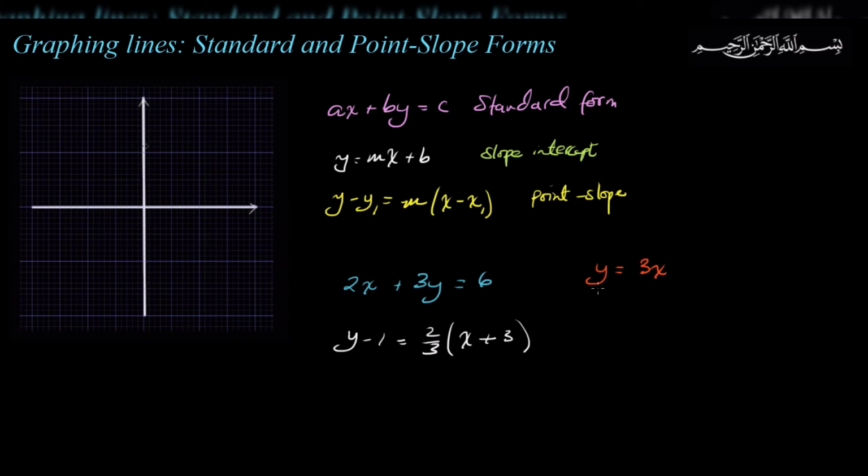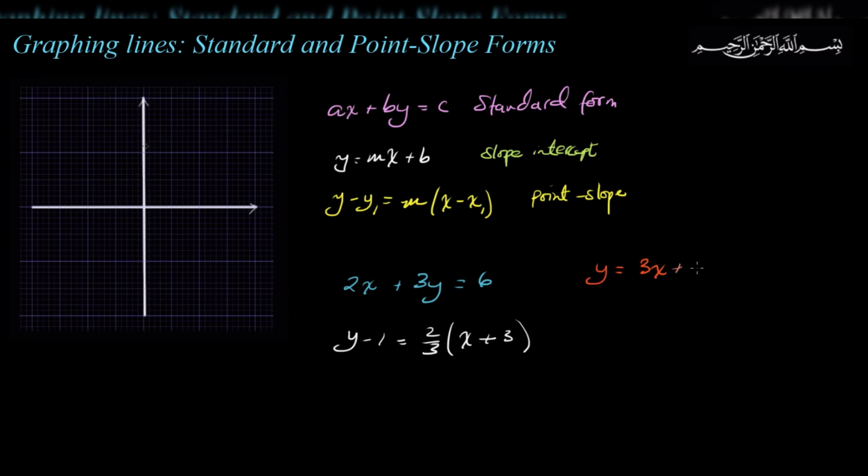They might not appreciate that this is still a line, and that y is given in this particular form, y is equal to mx plus b. Well, where's the b? You don't see it, but it is there. It is 0. That's a line whose y-intercept is 0, and the slope is 3. That's 3 over 1, which means you go up 3 and over 1, and that would be how the line looks.